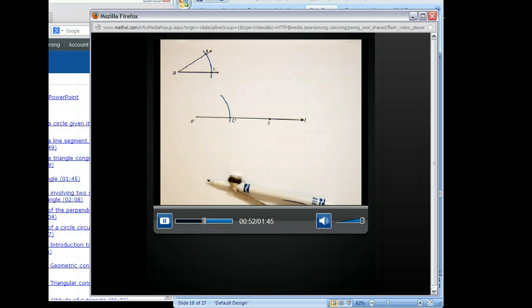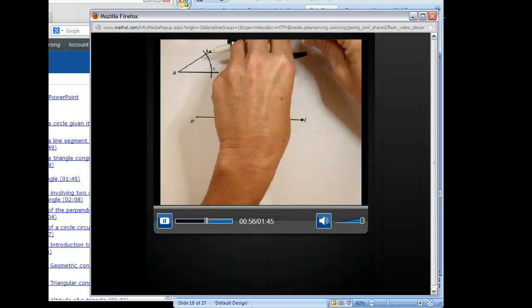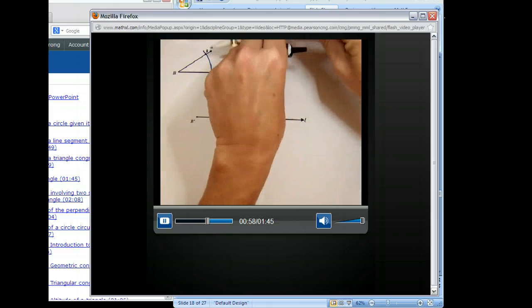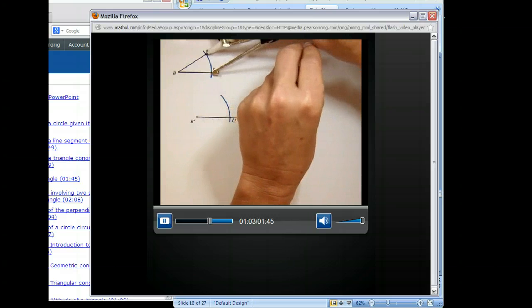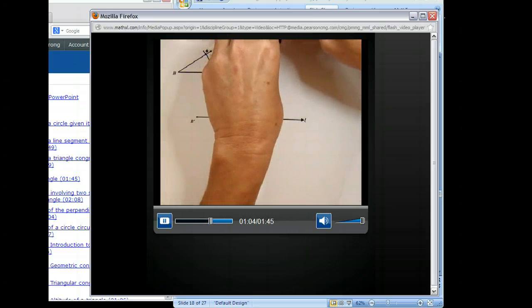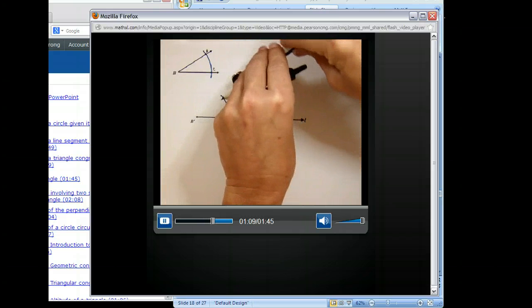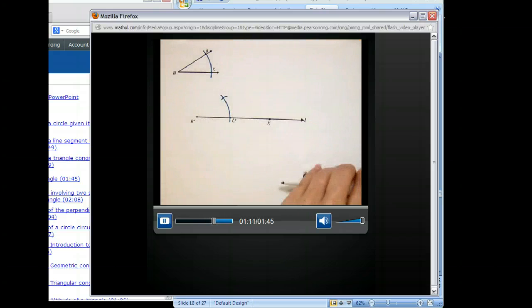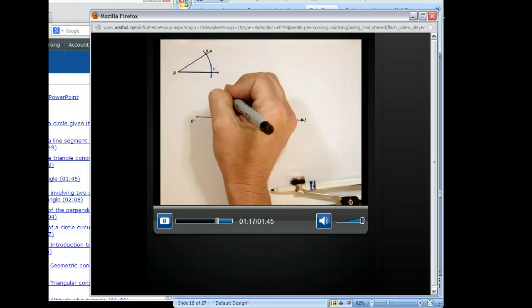Now we'll go back and measure the distance across our arc in our original angle. Placing the pointer at C, open the compass to measure across CA. We'll then move the pointer to C prime and mark a cross arc. We'll label this point A prime so that C prime A prime is going to equal CA.